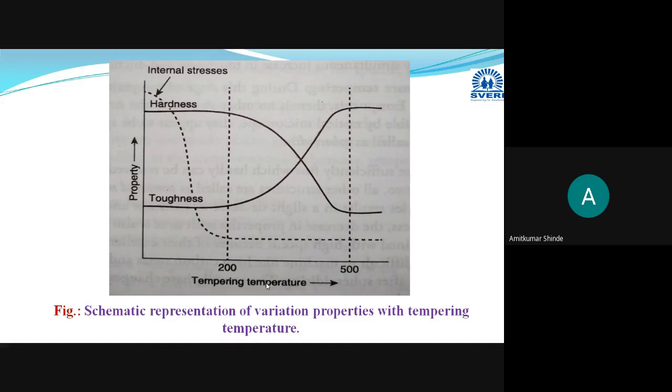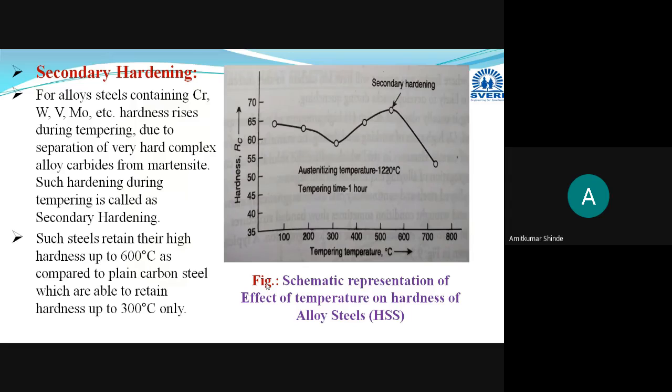Then there is one more small term that I will explain within 2 minutes. This is just the graph of tempering temperature and hardness. Here we perform the tempering process to reduce the hardness, but in some alloy steels which contain harder elements like chromium, tungsten, vanadium, molybdenum, instead of a decrease, the hardness will increase during the tempering process.